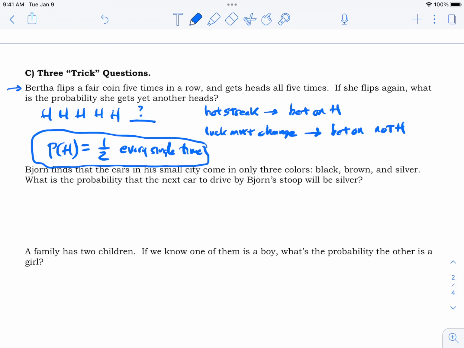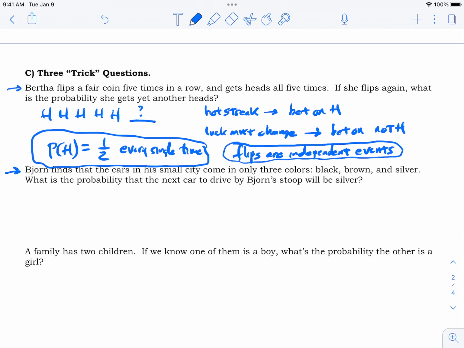In fact, the flips, another piece of terminology here, are all called independent events. One flip has nothing to do with what happens on the next flip. Hey, I got a heads. That has nothing to do with whether you're about to get another heads or about to get another tails. The chances 1 in 2 every single time. Constant. Okay, so that's one common misconception, I guess, or trap, or whatever you want to call it.